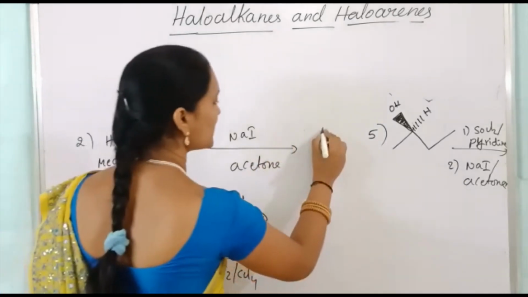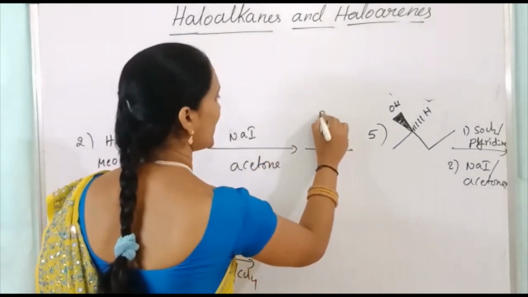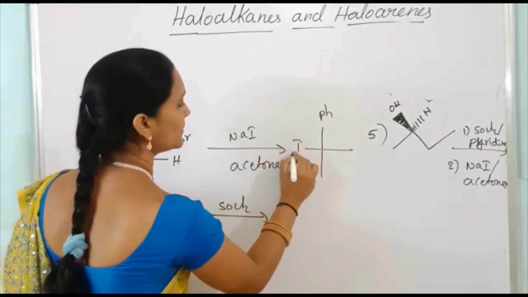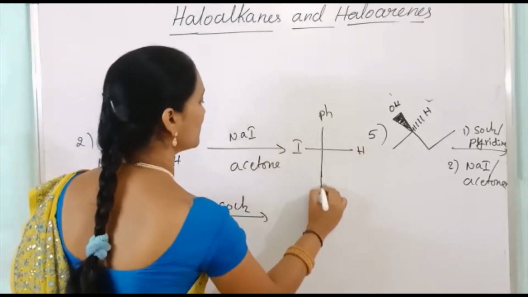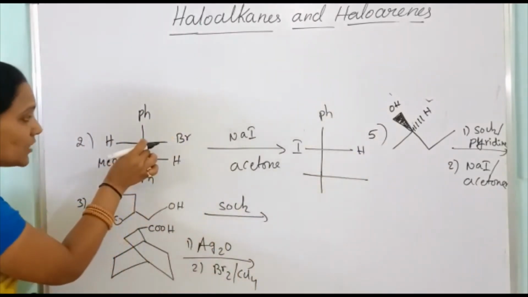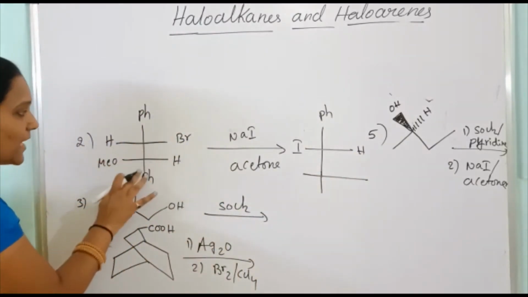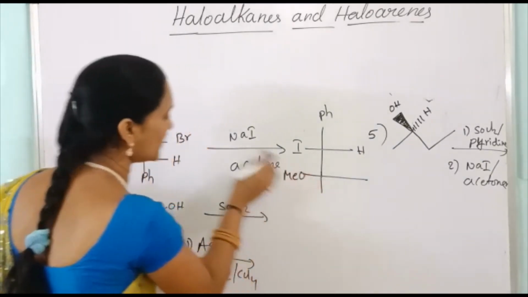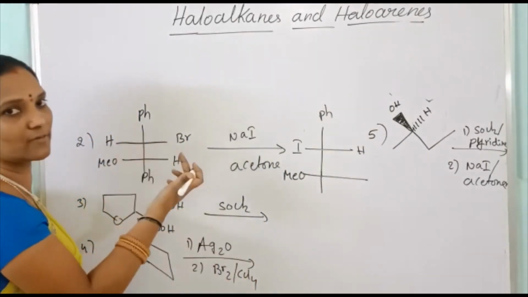So what is the answer here? Where there was Br, now there is iodine, with inversion only at this carbon, not here. Don't touch this part; it is retained as it is, because there is no inversion here. Where the reaction takes place, there is inversion.